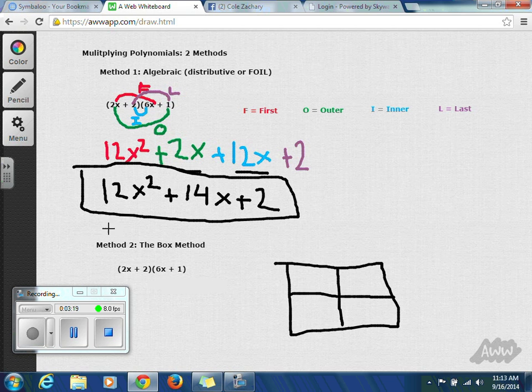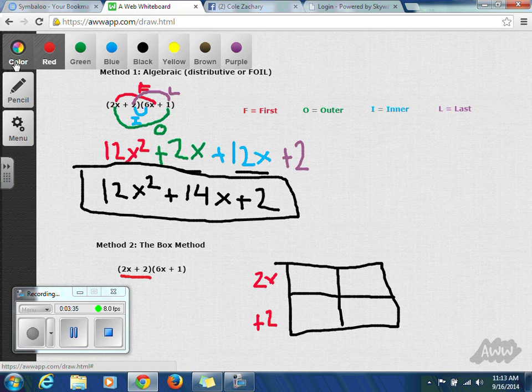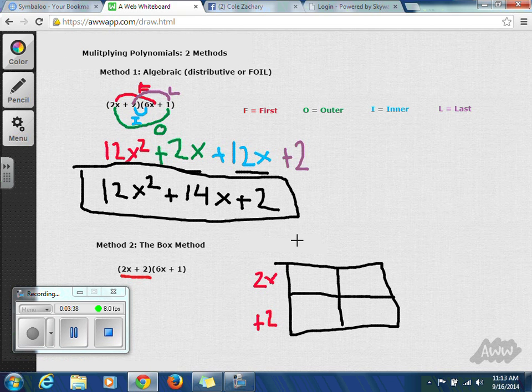But what you'll do is that 2x plus 2 will be terms that you write on one side of the box for each length. 6x plus 1 will also appear in different separated parts of the box. This is also called the window method.